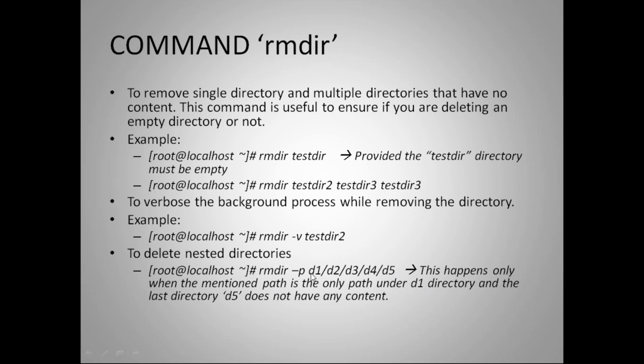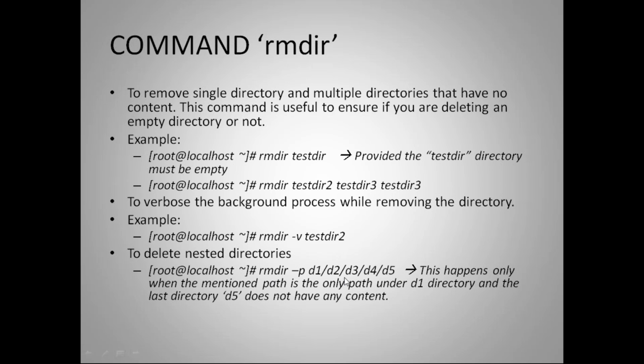From D1 until D5 there must be only one path. If under D1 there is a D2 directory and one more directory named Shashi, that is not possible. Only one directory must be there: inside D1 only D2, inside D2 only D3, inside D3 only D4. Only then is this possible.